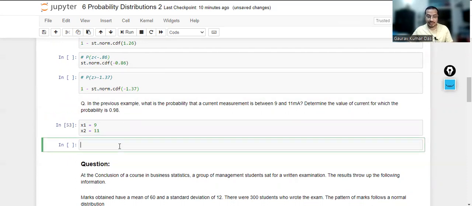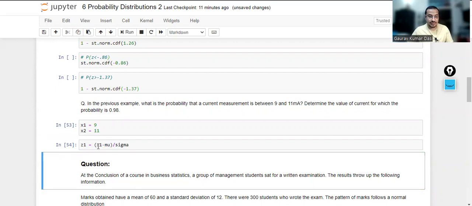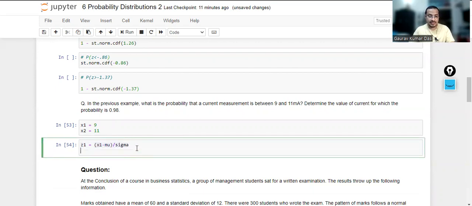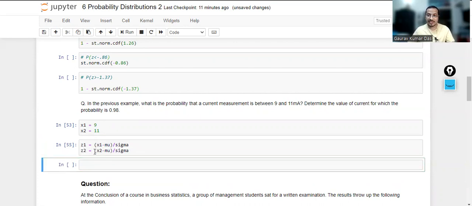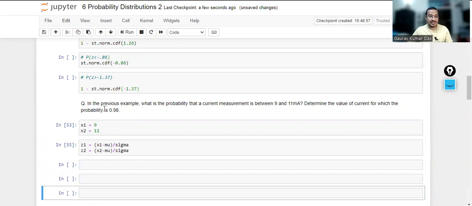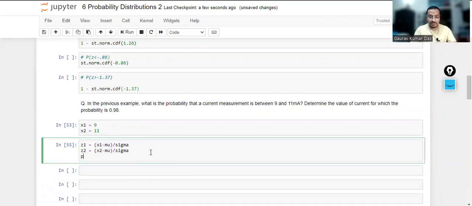Correspondingly, there'll be z1 and z2 as well. So z1 is equal to x1 minus mu divided by sigma, right? Similarly, I have z2 as well, corresponding to x2. That's it. Once I get this, what is the value of z1, z2?